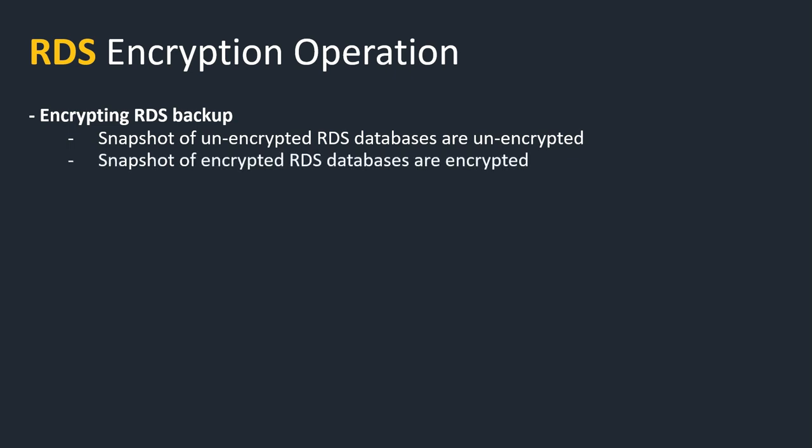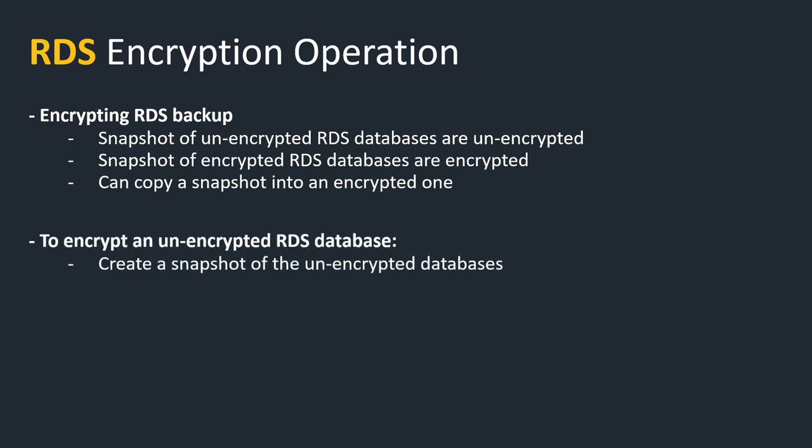And similarly, if you take a snapshot of an encrypted RDS database, then by default all the snapshots are going to be encrypted all the time. And so what you can do is copy a snapshot, taking an unencrypted one into an encrypted one. So if you take a snapshot of an unencrypted RDS database and you copy it, you can create an encrypted version of the snapshot. Very easy, right?